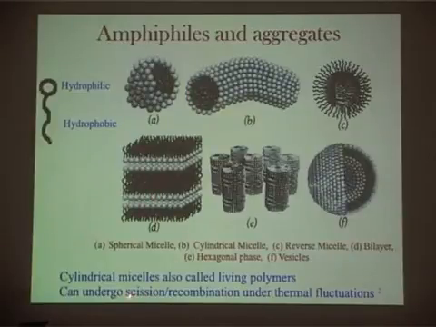This scission and recombination under thermal fluctuations makes these systems quite different from the conventional polymers that we know. So the model which I'll be presenting here is motivated by this, even though matching it exactly to these systems is not possible at present.